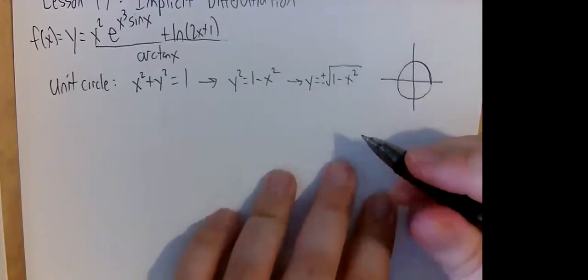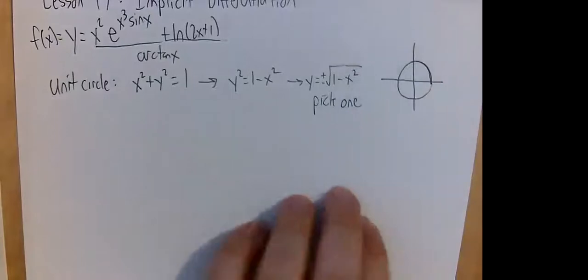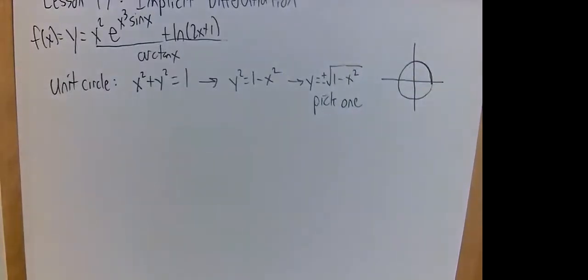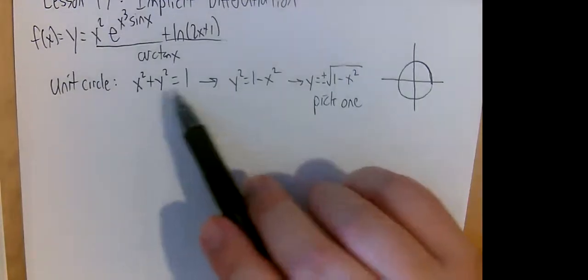So if we do want to solve this for y, we end up having to pick one half circle or the other. We can't have the entire equation of a circle if we just have y equals something. So the best way to express the equation for a circle is to have it written like this.